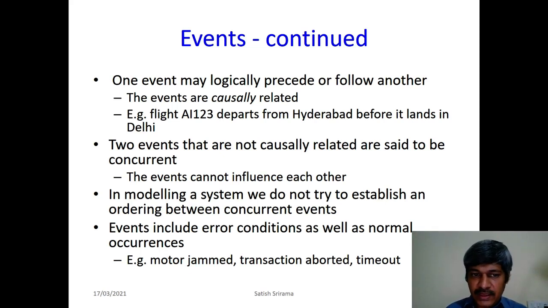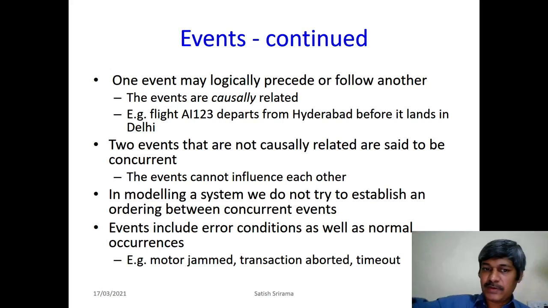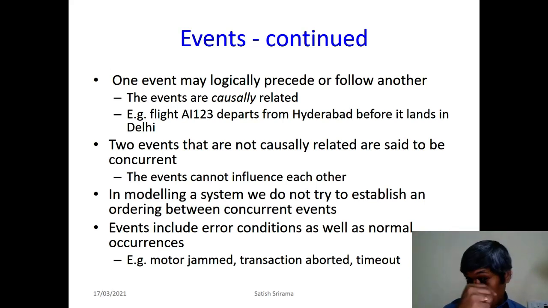Alternatively, say flight A123 departs from Hyderabad, and at the same time, an Indigo flight, say 235, departs from Bangalore. This event happened in Hyderabad, and the other event happened in Bangalore. So they are also not related, and they are considered concurrent.